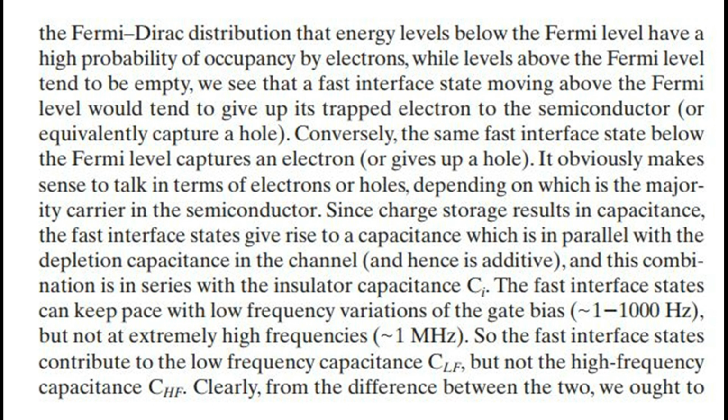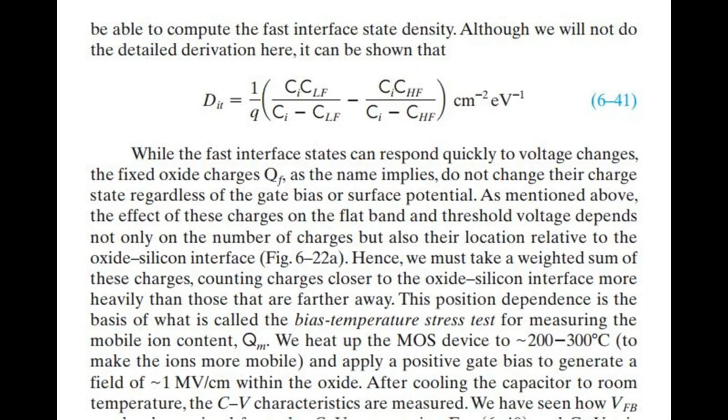So the fast interface states contribute to the low frequency capacitance CLF, but not the high frequency capacitance CHF. Clearly, from the difference between the two, we ought to be able to compute the fast interface state density. We will not do the detailed derivation here.